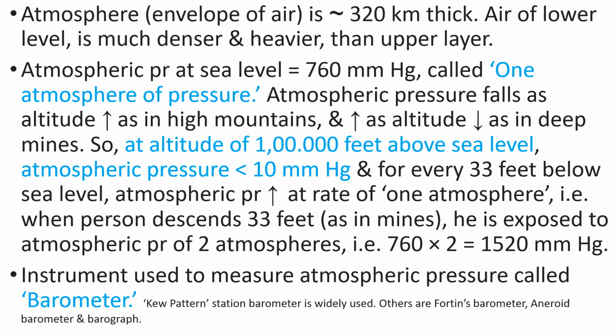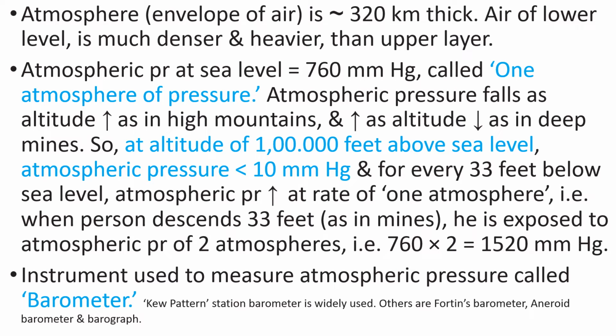So at an altitude of 100,000 feet above sea level, atmospheric pressure is less than 10 millimeters of mercury, and for every 33 feet below sea level, atmospheric pressure increases at a rate of 1 atmosphere.